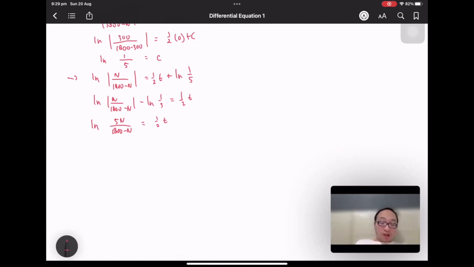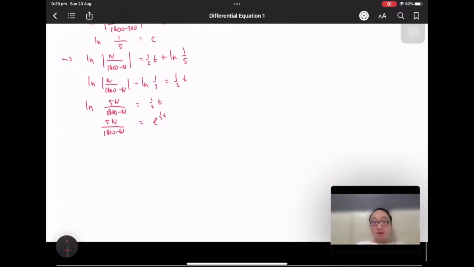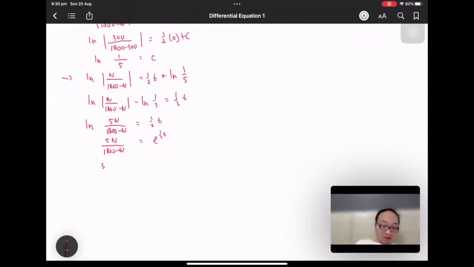And we can remove the ln by using e to the power of half t. So 5n over (1800 minus n) equals e to the half t, and then we make n the subject. So 5n equals 1800 e half t minus n e half t. So 5n plus n e half t equals 1800 e half t.